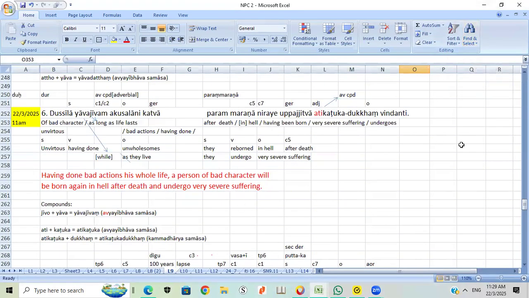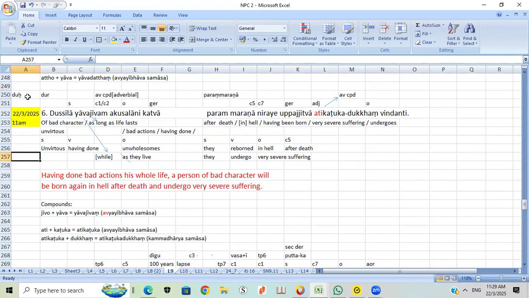Okay, let's continue on this. Okay, Dusila, Yavajivam, Akusalani, Katva. Okay, basically this is a Sanskrit prefix. Sanskrit got 22, Pali got 20.